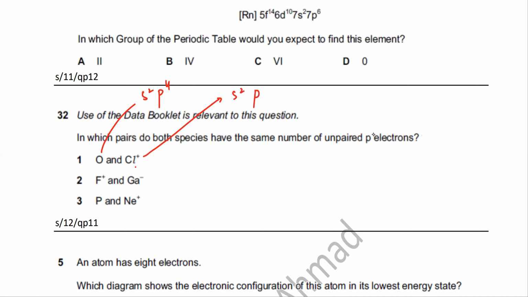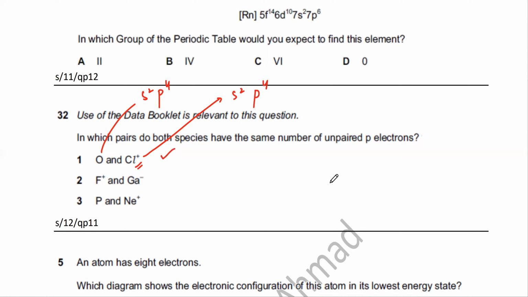But remember, it's +1, so that means it's lost one electron. So instead of P5, it would be P4. So both of them have exactly the same electronic configuration, S2P4. So they would have the same number of unpaired p electrons as well.